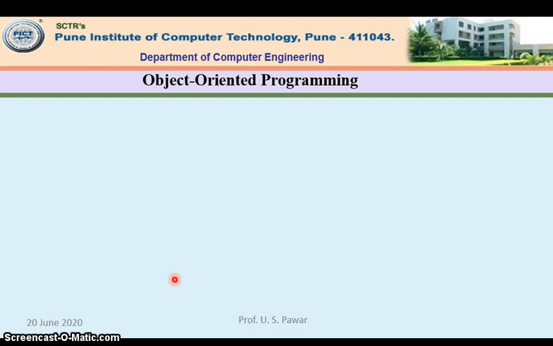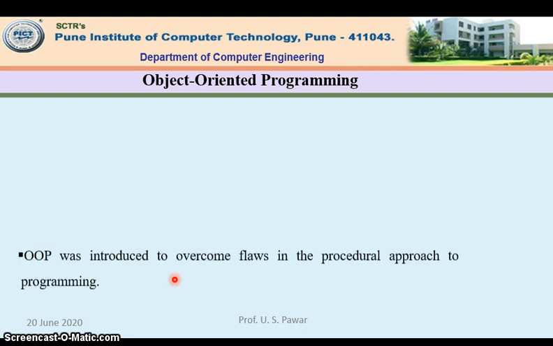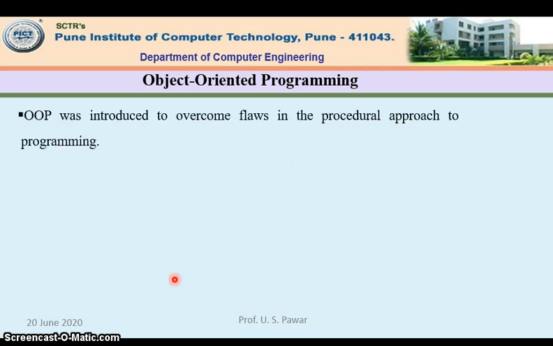Now we have seen the characteristics as well as limitations of POP. Now we'll see how OOP does much better than POP. So OOP was introduced to overcome the flaws or limitations which were observed in POP, such as lack of reusability and maintainability. Now we have seen the maintainability issue, right?